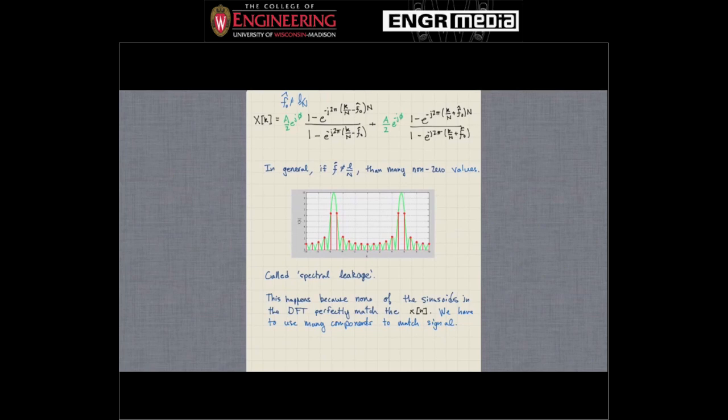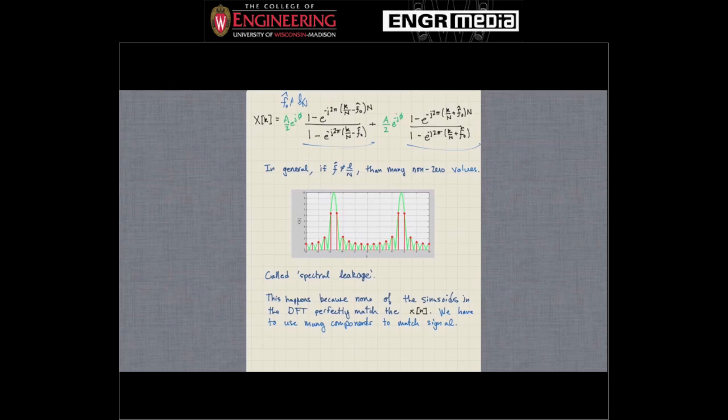That corresponds to this signal plus this signal here, and what we're seeing is that we're sampling that. The green signal is the sum of those two as a function of k, now set to be a continuous valued variable. And then you get this green plot in the background.